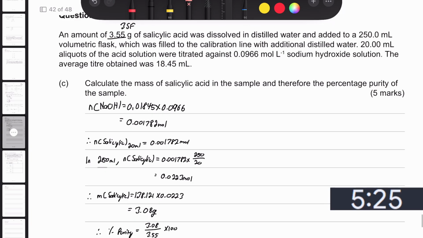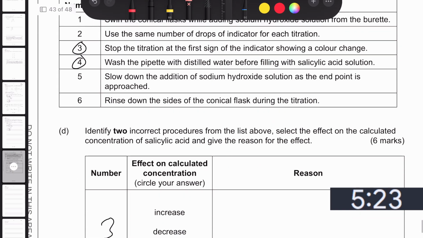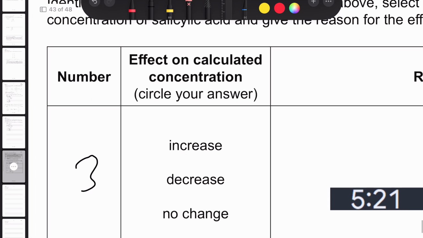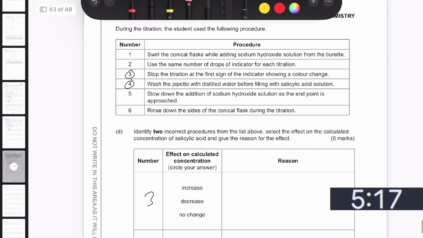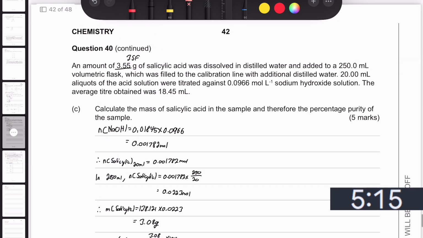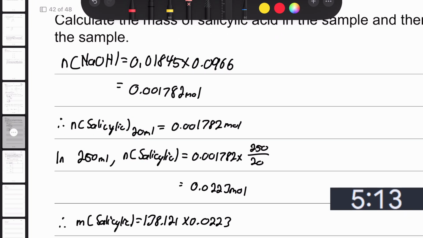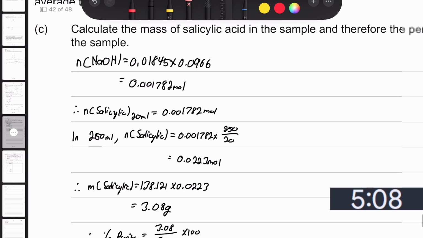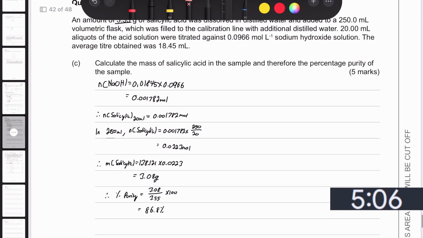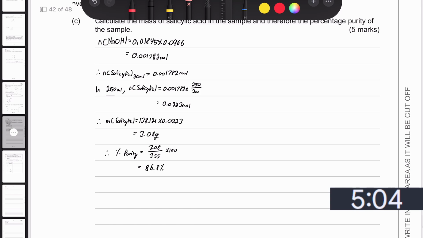So we're going to get less titre than we have. So we have less titre, and our number of salicylic acid will also decrease, or the concentration of salicylic increase.